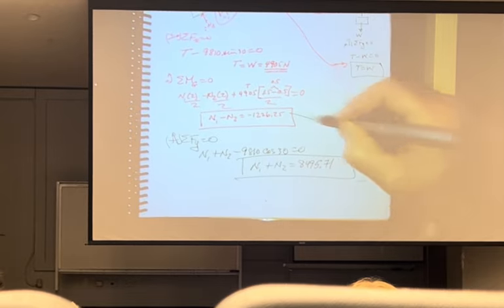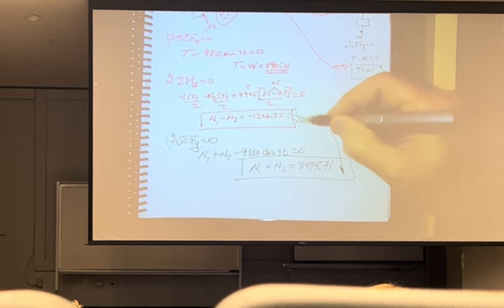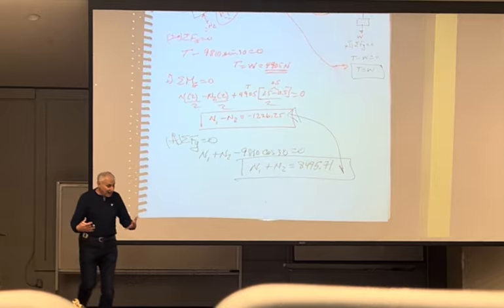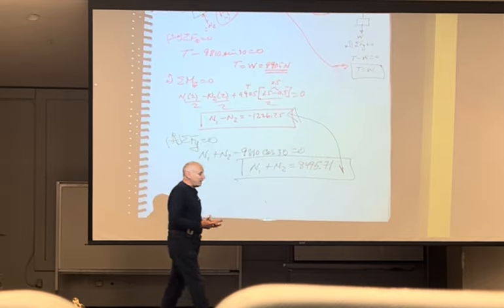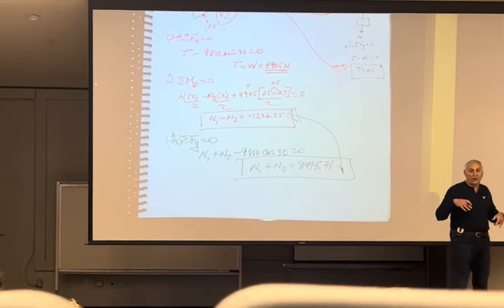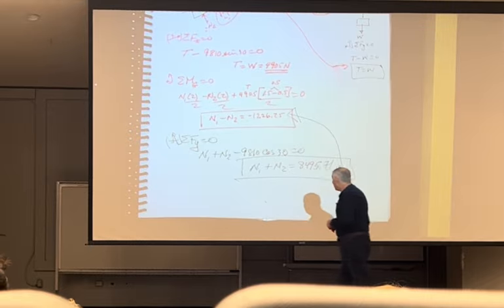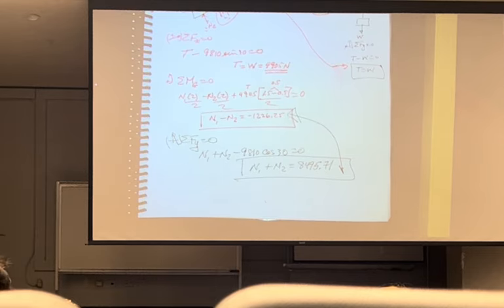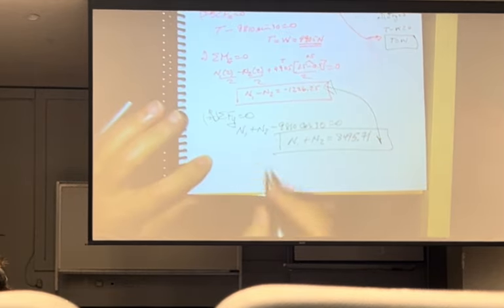Now what you do is you solve two equations in two unknowns. So you'll get to the answer. You won't get it as efficiently as if you had taken the moment at N1 or N2. So solve the two equations simultaneously and you'll get your answer for N1 and N2.